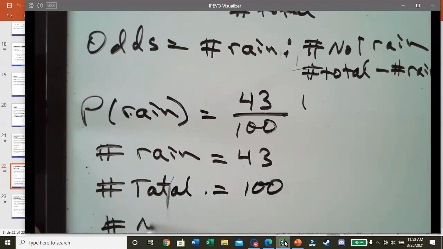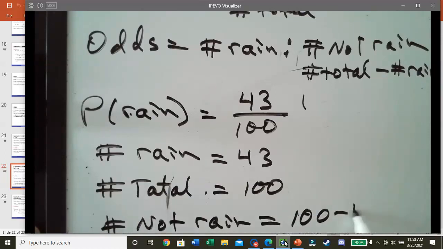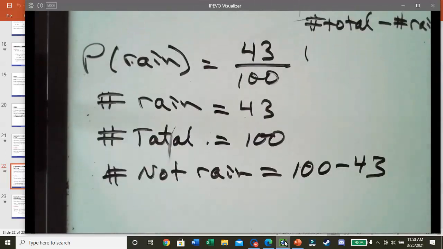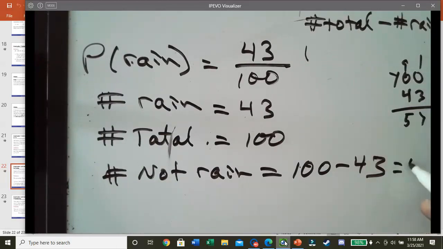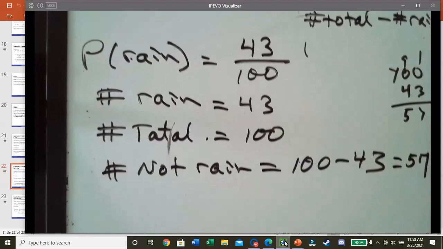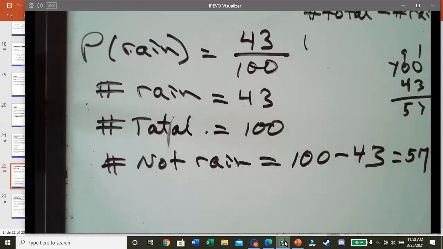The number of days that it did not rain would be 100 minus 43, right? So if you took 100 minus 43, that'd be 57. Okay, questions with that?